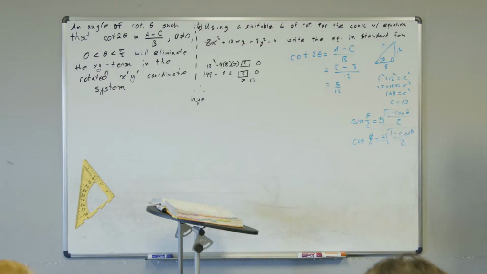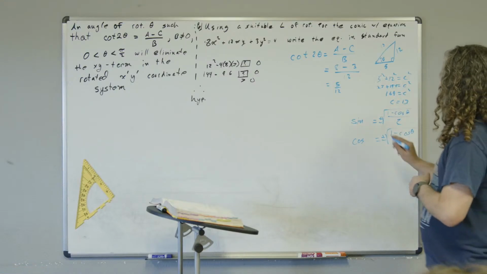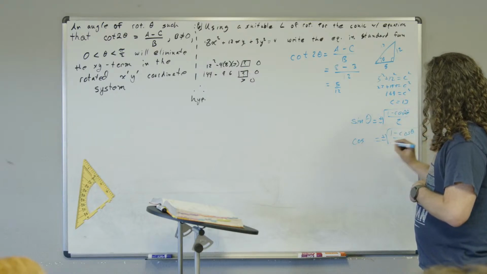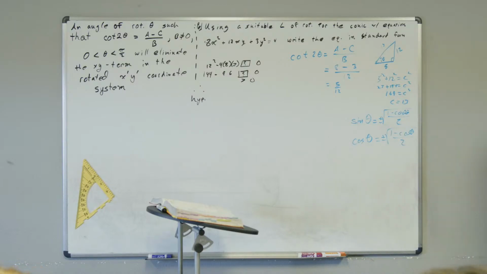Now, watch this magic. If we want to get to the sine of theta, we can turn that into a theta and put that as a 2, because we have 2 theta right there.